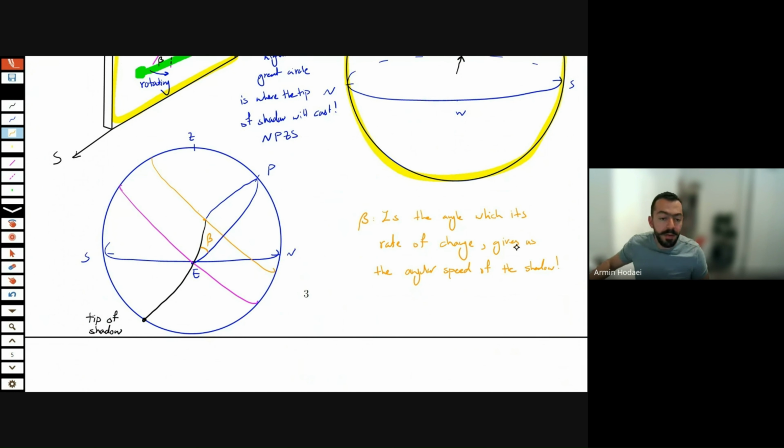Cool. So now in this triangle, since this is the sun, here is going to be 90 minus declination of the sun, right? From P to E, this is 90, so this is a very nice triangle. What else do I know? What do you guys think this angle is? In terms of the sun's.